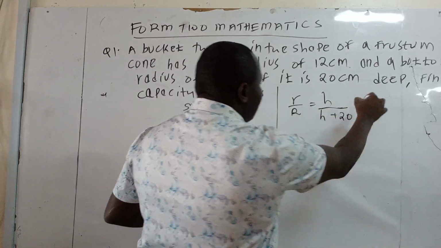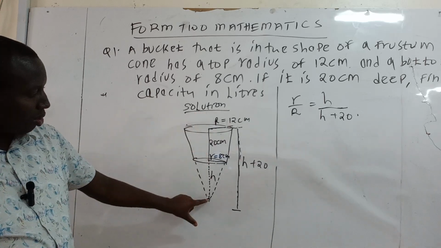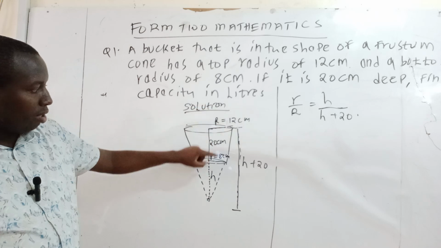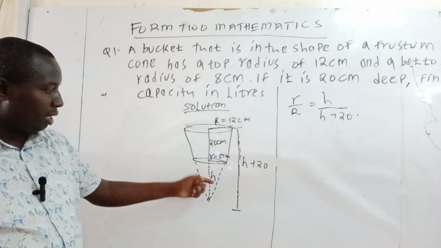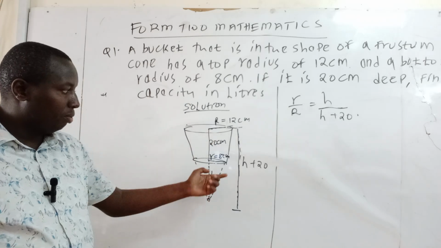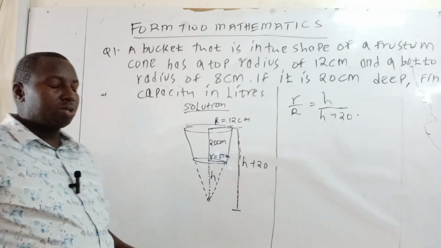It should always be like that. So r all over R, the radius of the small one over the radius of the big one, then the height of the small one all over the height of the big one, which is the original cone before the small cone was cut to get the frustum.